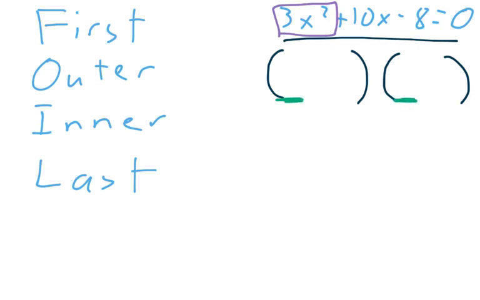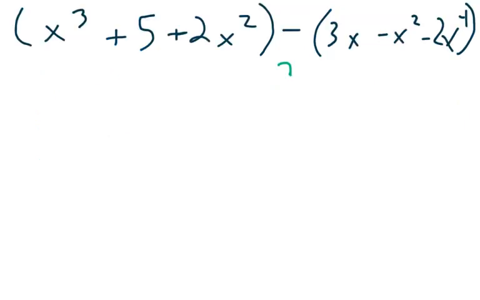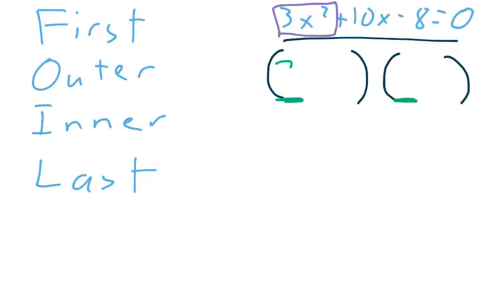So let's think of it like division. What do we have to multiply together to get 3? The only things that we can multiply together to get 3 is just 3, and the number 1. Now, it has x squared.